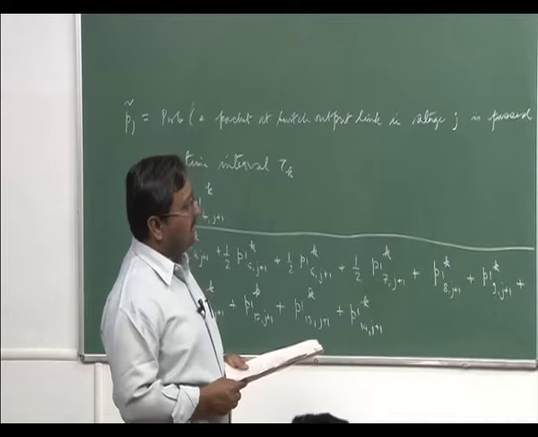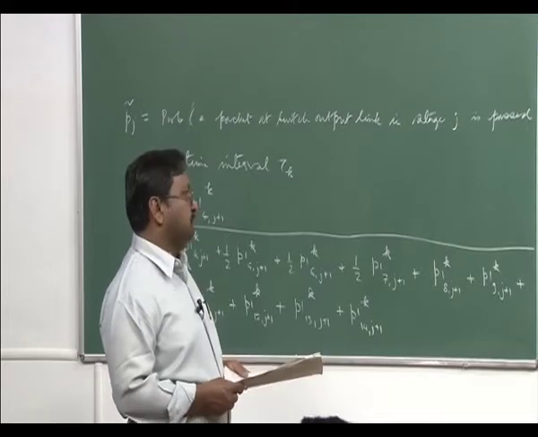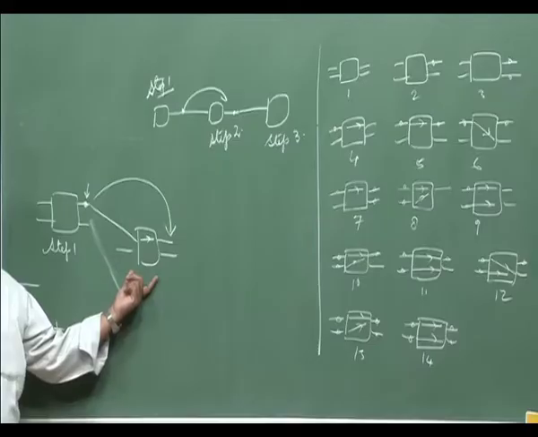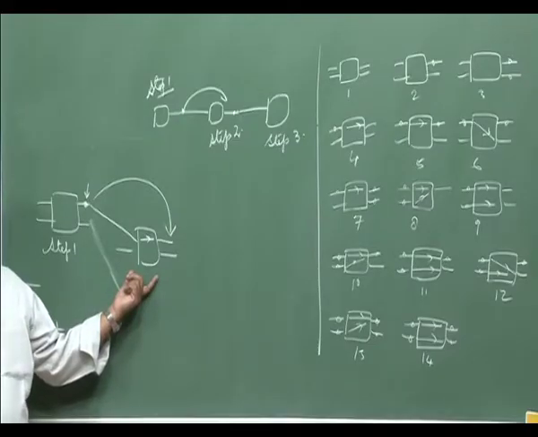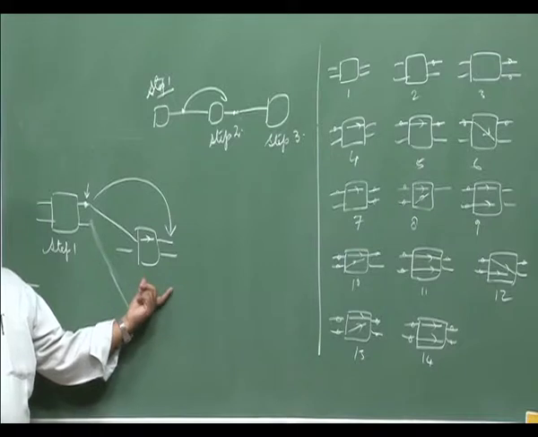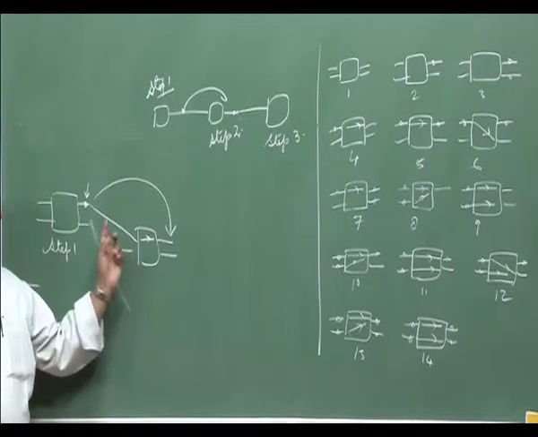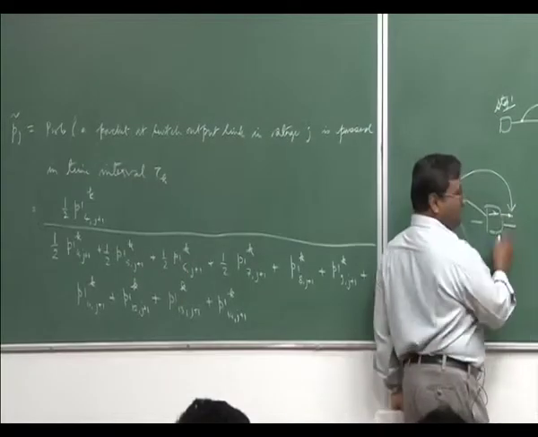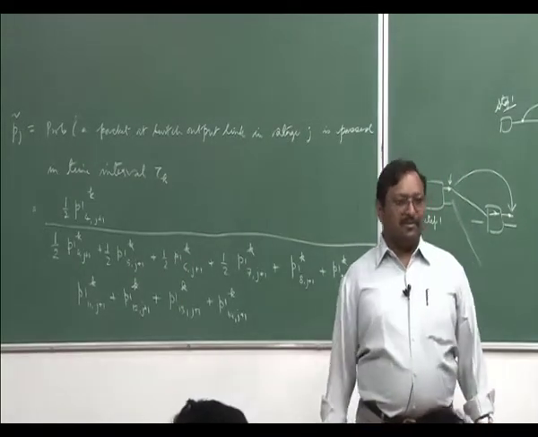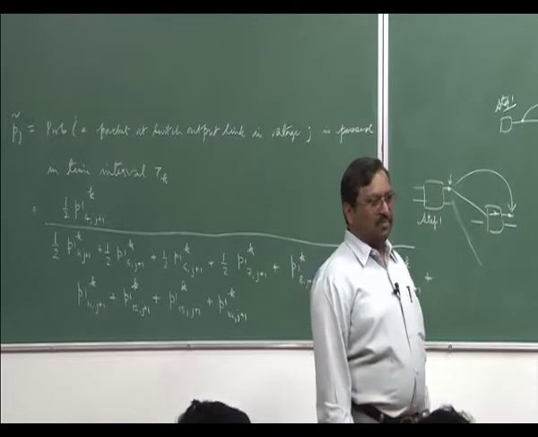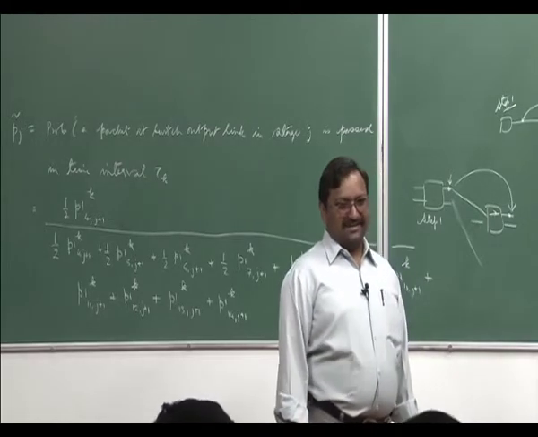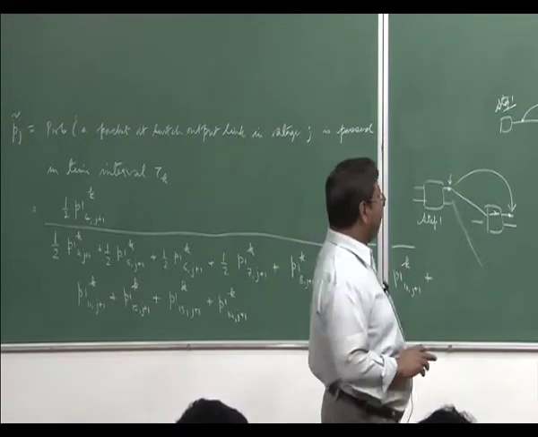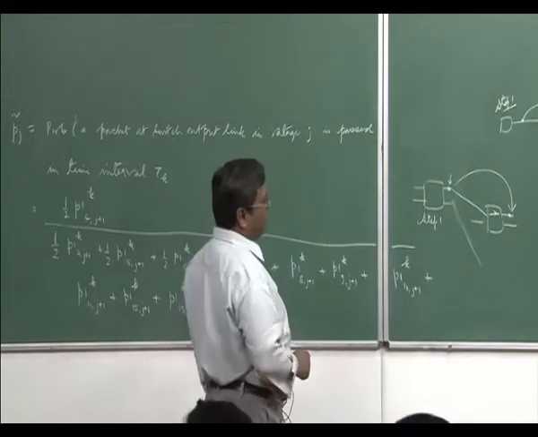Now, look at state 5. Even if after step 1 in this particular stage you are in state 5, when step 2 is going to be executed, the packet cannot move because one packet will be present here. So, this cannot contribute to Pj tilde. I should not put it in the numerator even when a packet is actually present at the output port. So, 5 will not contribute in the numerator.